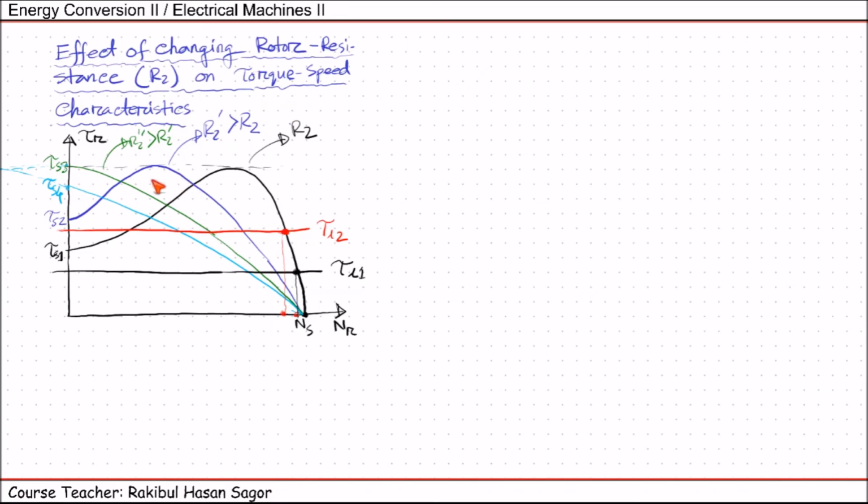It will follow this blue line. The new operating point will be this. So under running condition, we can see for the same amount of load, the speed is lowered. This speed is much lower than this black intersection point. So once we start the motor, once it comes here, that means the motor is under running condition.